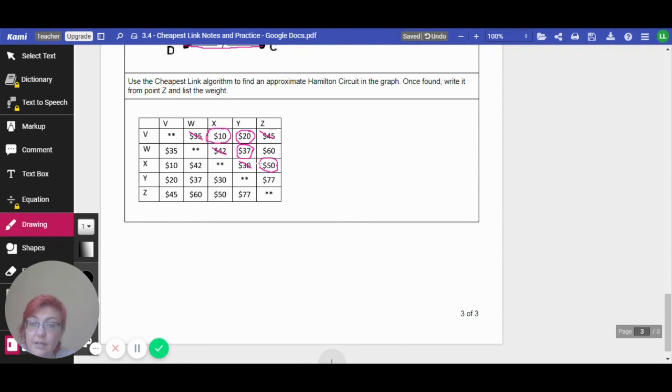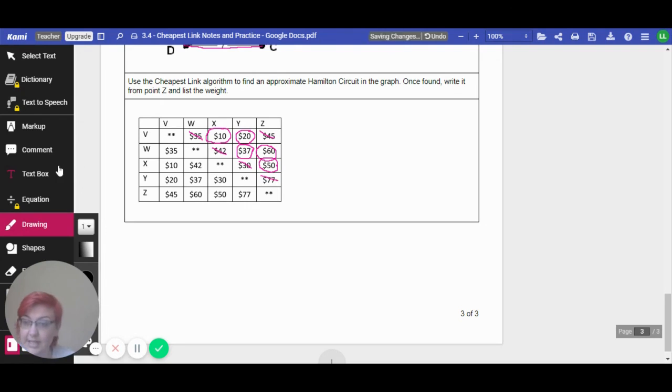And then X has two links, Y has two, V has two. Let's look here. 60 is next, Z to W. I can use that. And 77 I cannot use because Y already has two links.